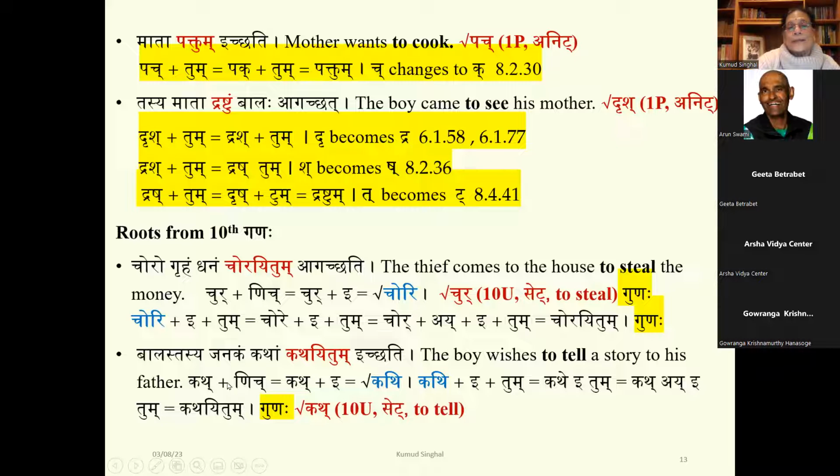So from katha you get a new root, kathi. Then kathi plus e plus tum takes the guna, kathe plus e plus tum, and then ayadi sandhi, and you get the form kathayitum. So from the 10th gana, this is the form you have.